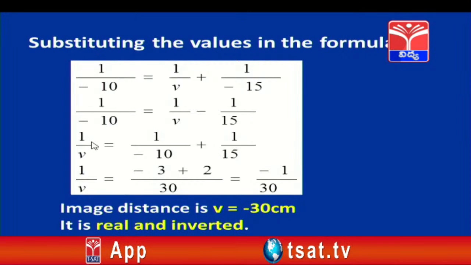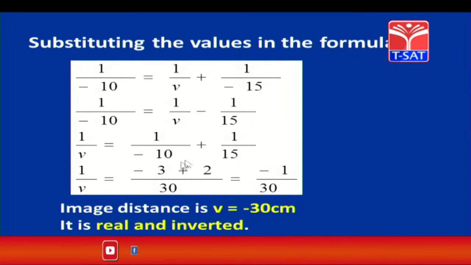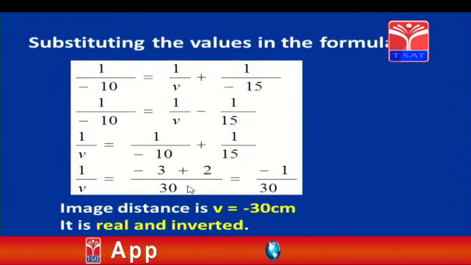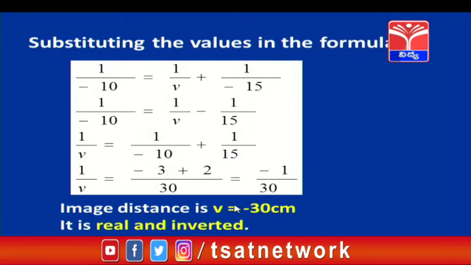On solving this, we will get 1 by v is equal to minus 1 by 30. Therefore, v is equal to minus 30 centimeters.